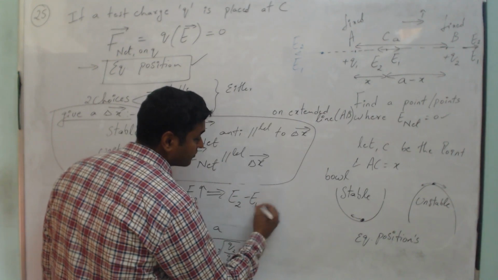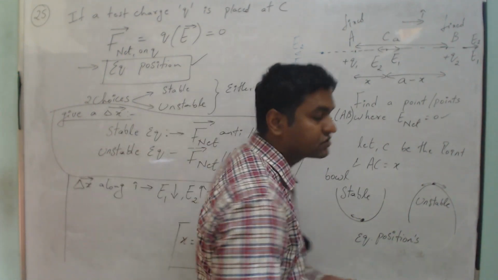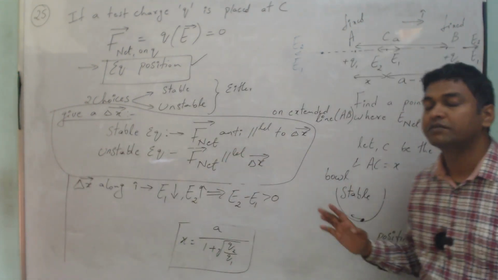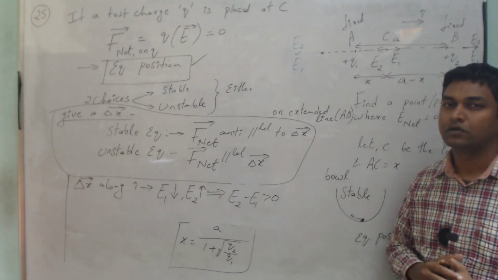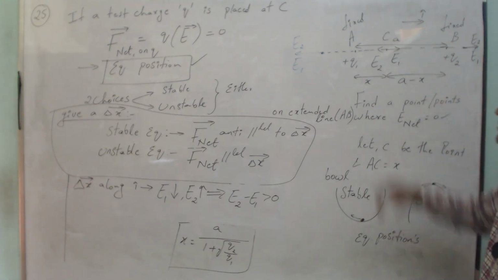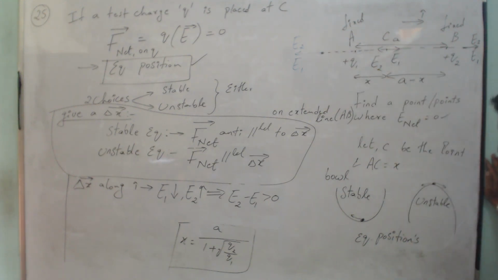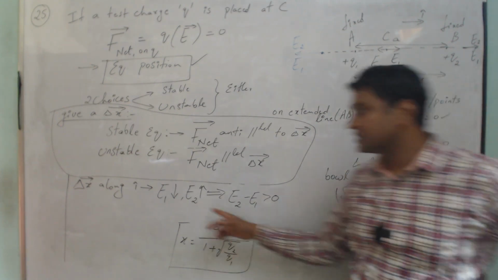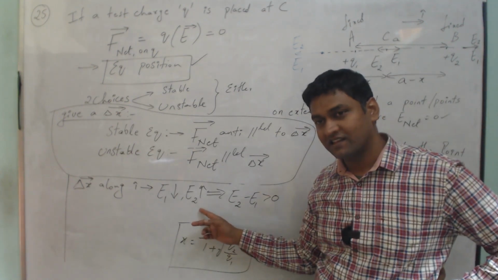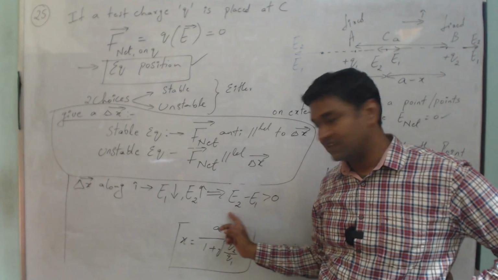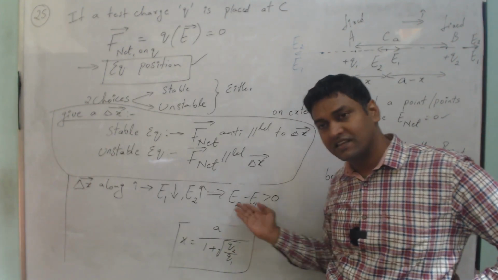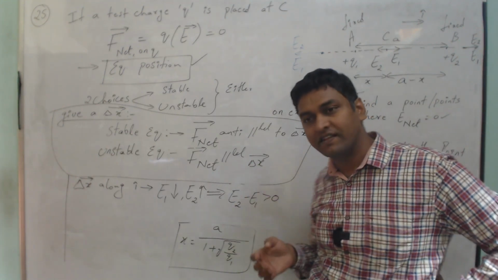Subtraction of magnitudes will be greater than 0. And E2 is in which direction? This direction is negative, so shouldn't it be less than 0? E2 is increasing. E1 is decreasing. But E2 is in the negative direction.